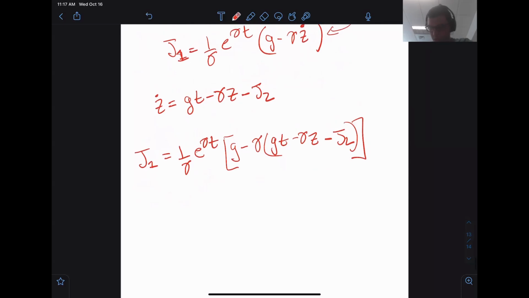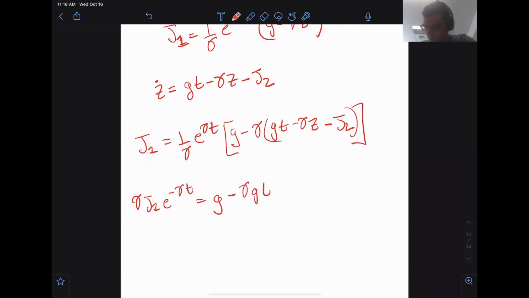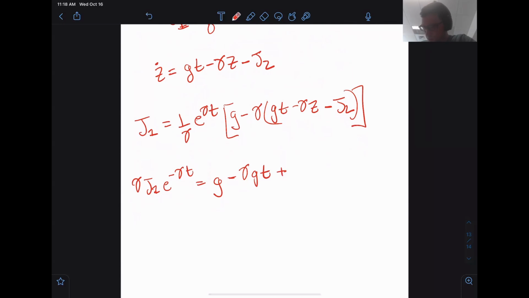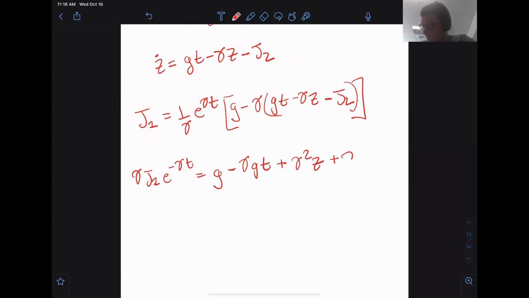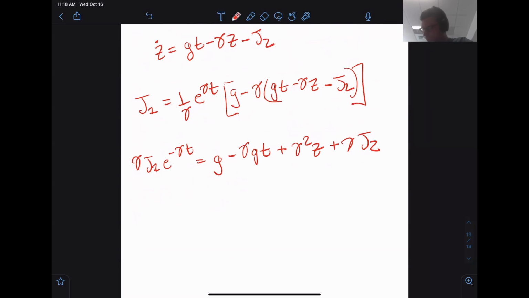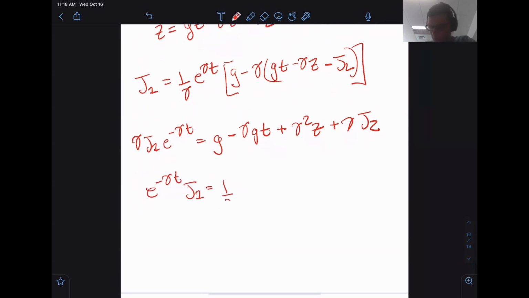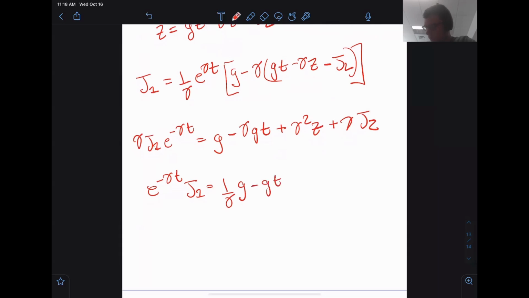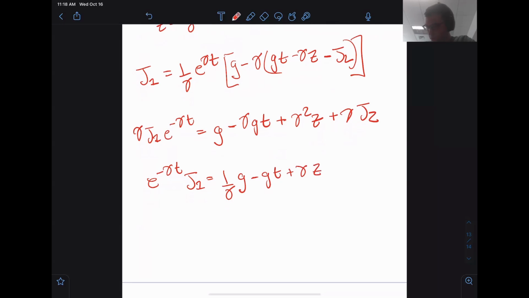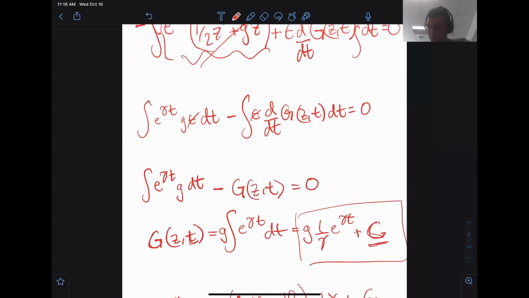And then I can just do some algebra. And so this no longer depends on z dot now, because that's what was plugged in.